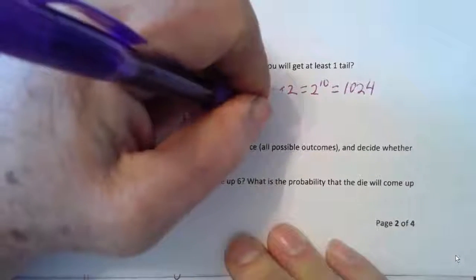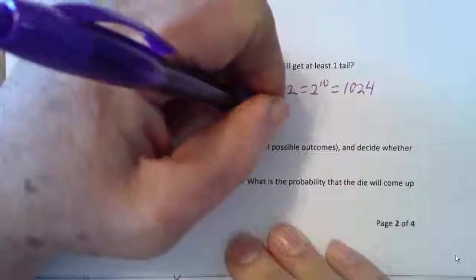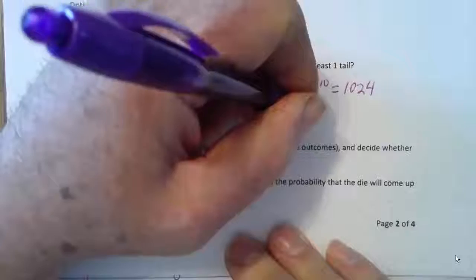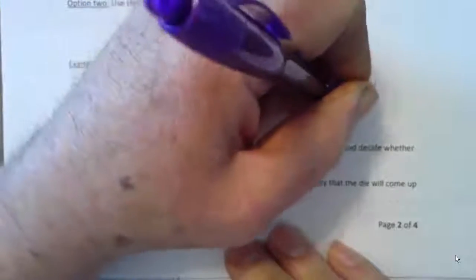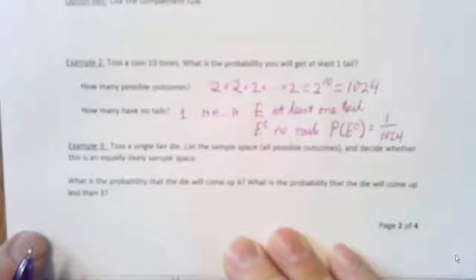So if the event E is at least one tail, the complement is no tails, the probability of the complement is 1 out of 1024, and we would subtract that number from 1 in order to get the probability of E itself.